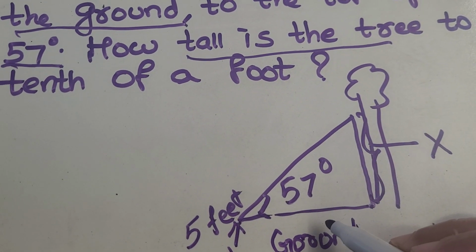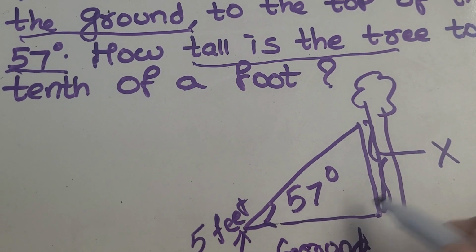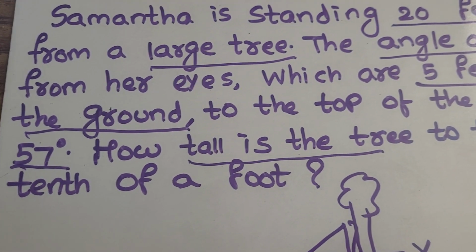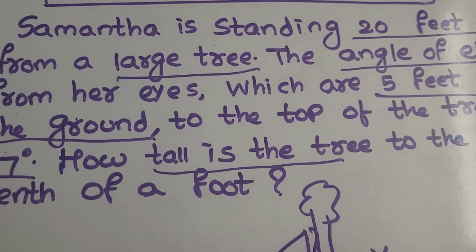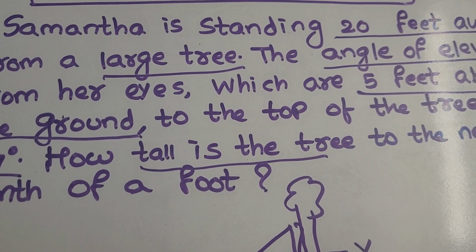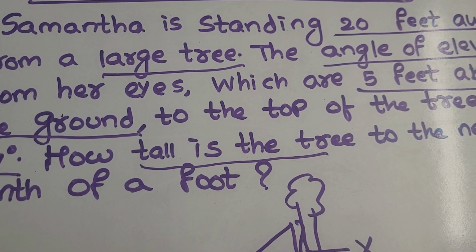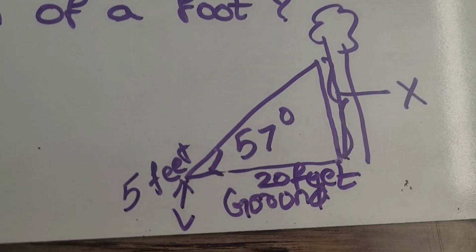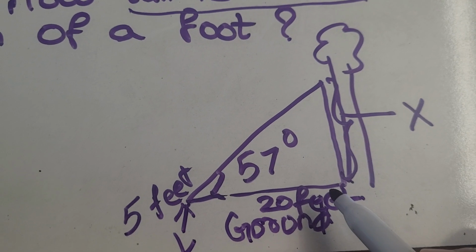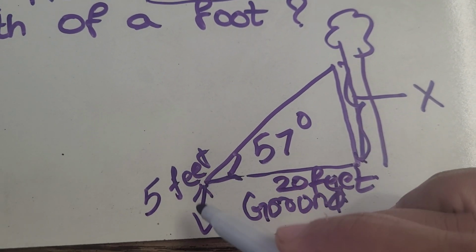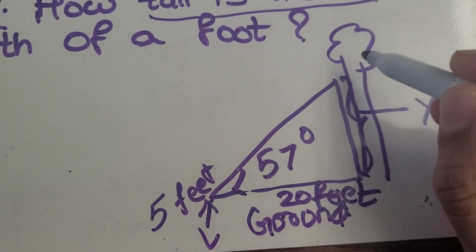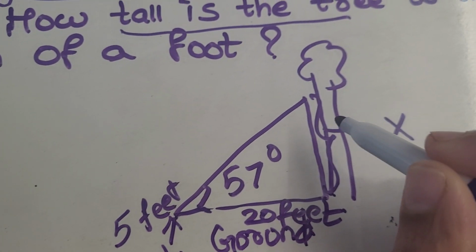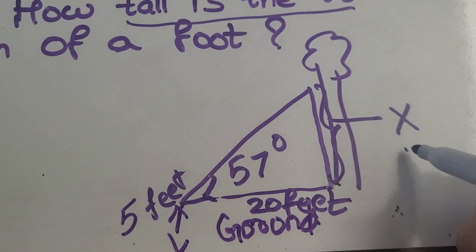So now we need to find out the height of the tree, and one more clue I have here is that Samantha is standing here at a 20 feet distance away from the tree. So this distance is 20 feet and it is 5 feet above the ground, and it is 57 degrees inclination for the tree, and I need to find out the height of the tree.